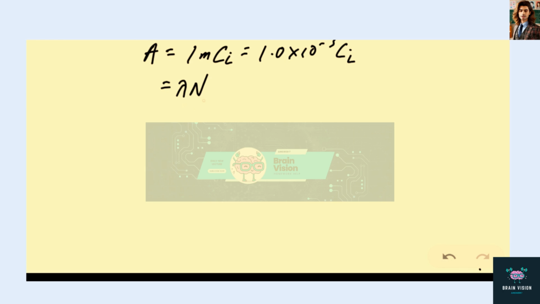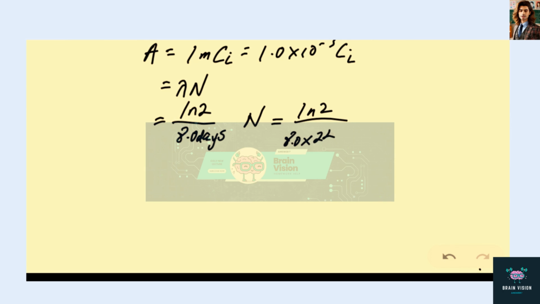So we can get our number of nuclides by simply knowing the lambda. From previous page, we already know that lambda is ln 2 over 8 days, times N. But in this case, we need to convert the days to seconds, right? Since curies, we're going to convert later into decays per second. So what we have to do is multiply 8 days by the number of seconds in a day. That's 24 times 3600. So this will give us in terms of seconds.